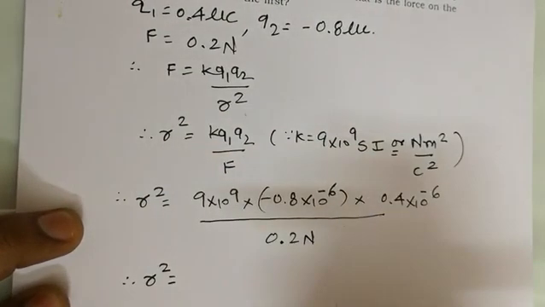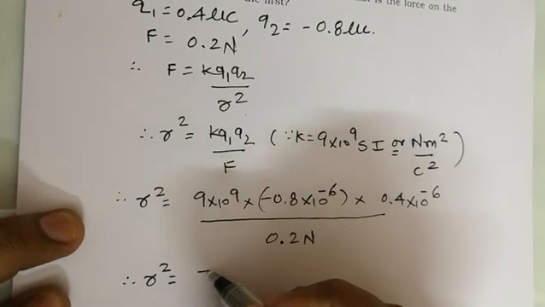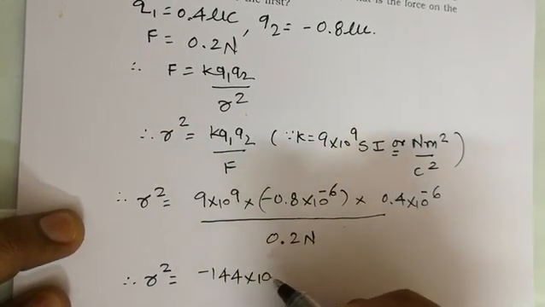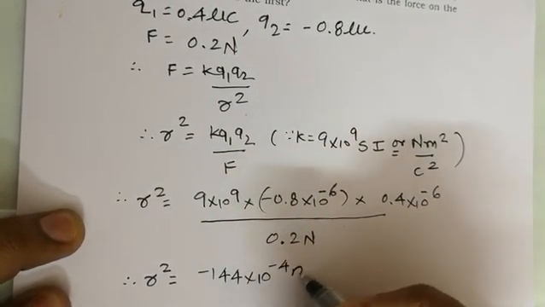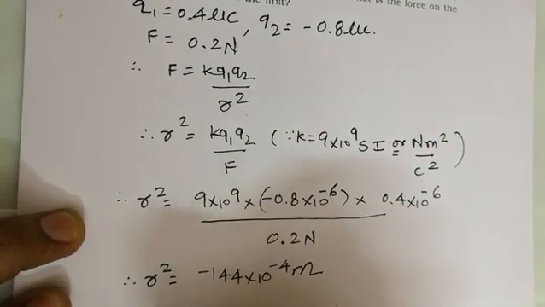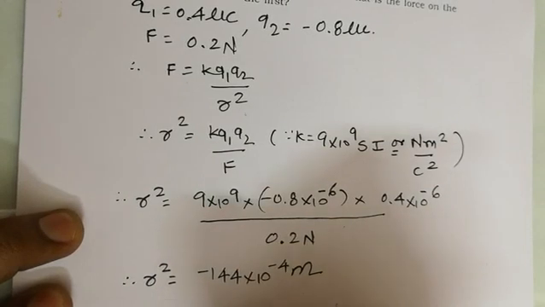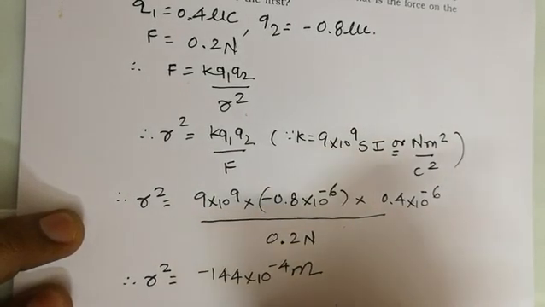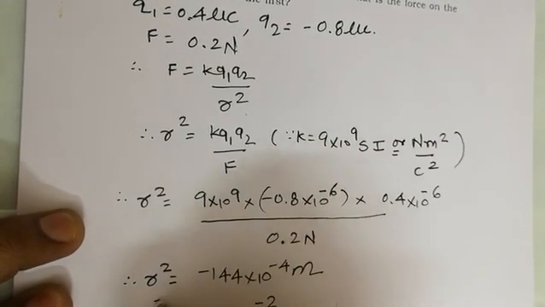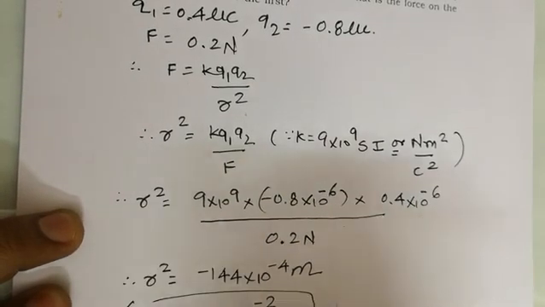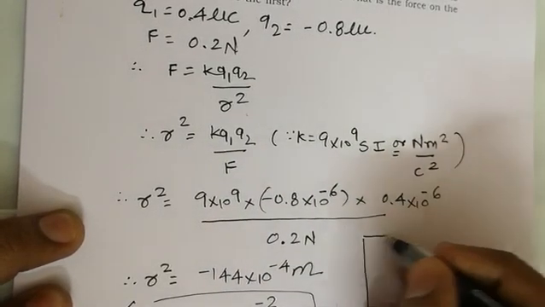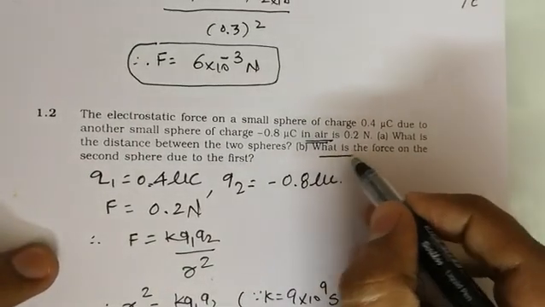So R square is 144 cross 10 to the power minus 4 meters square. We are aware that when we find the square root, the negative sign can be removed. So it is 12 cross 10 to the power minus 2 meters, or merely 12 centimeters.